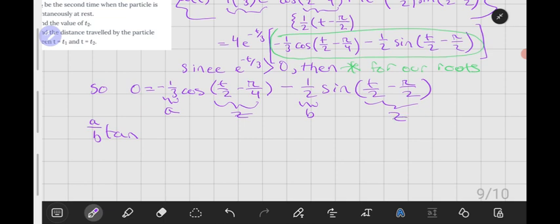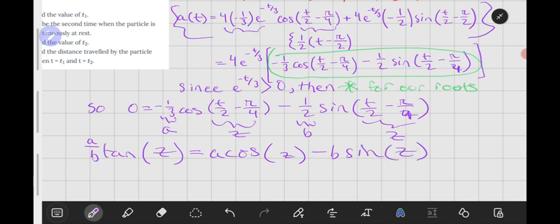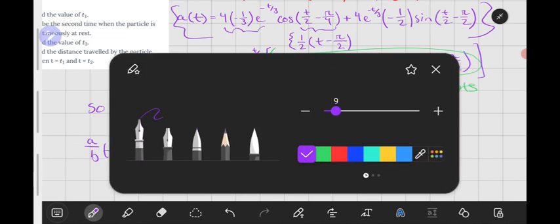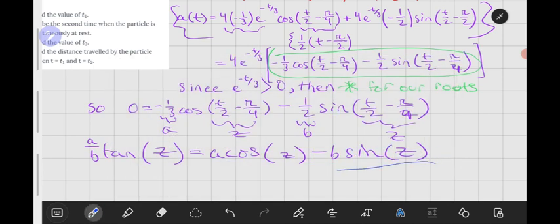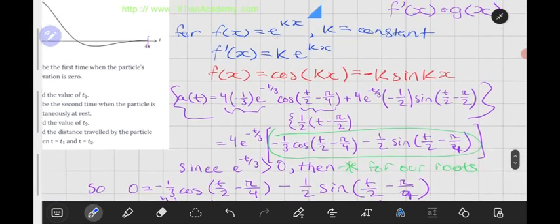They are like terms, which we should also acknowledge. I've miswritten the second one. My apologies, it should be a pi over 4. Then a cos z minus b sine z can be rewritten using this identity. So what we will do is use this identity to rewrite our equation so that we can evaluate for the roots.